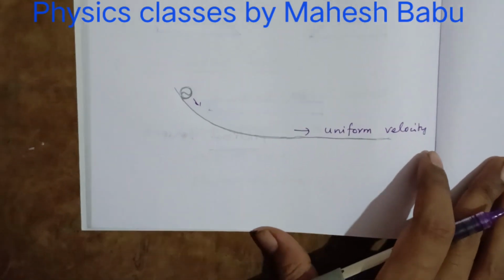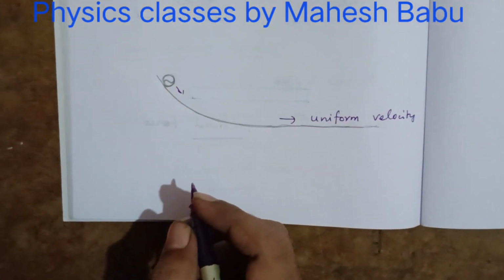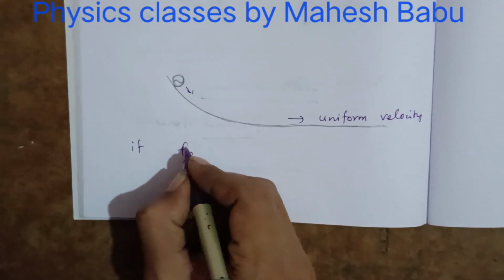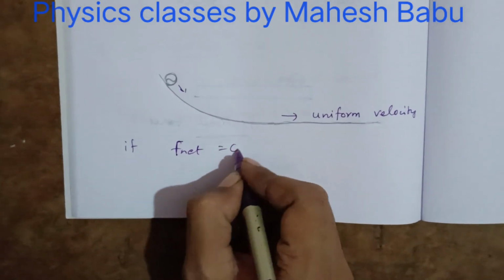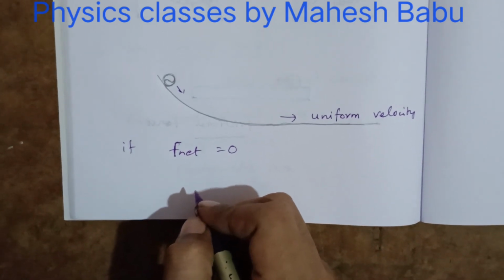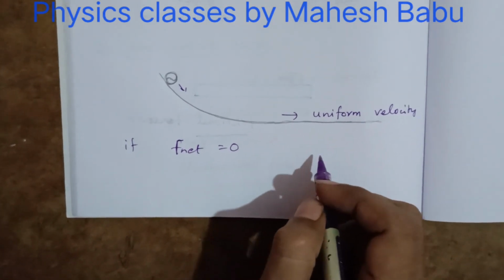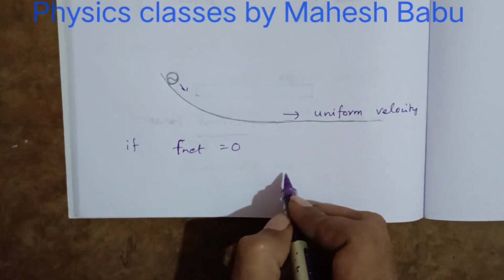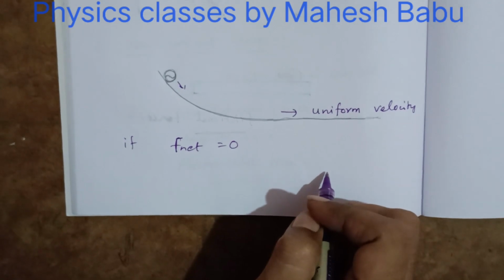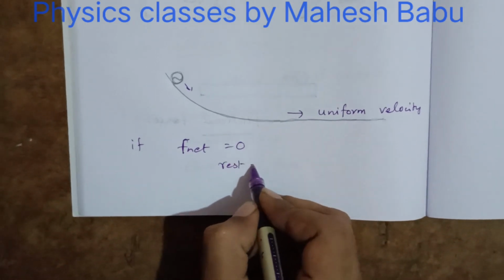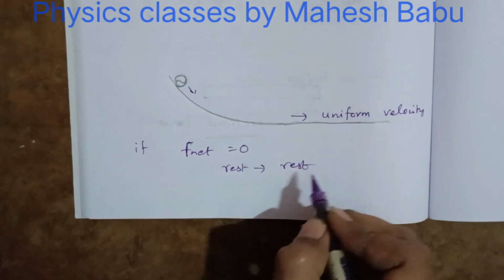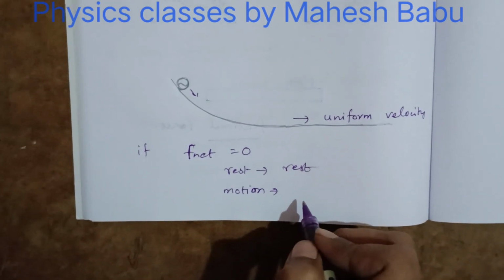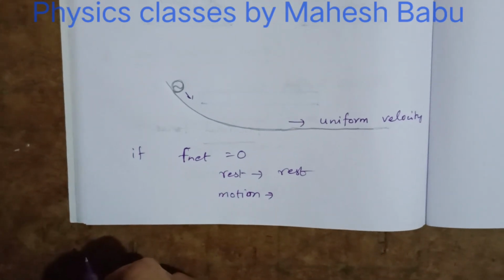So finally we can say that if the net external force is zero, a body at rest continues to remain at rest, and a body in motion continues to be in a state of motion, uniform motion in a straight line.